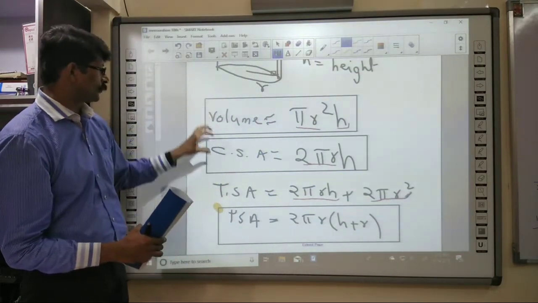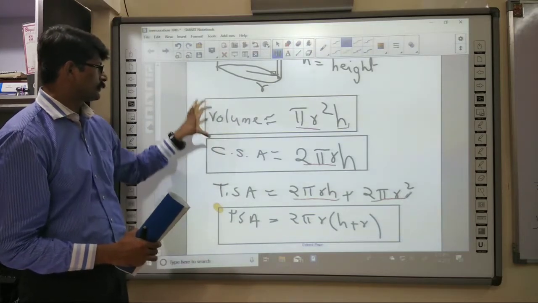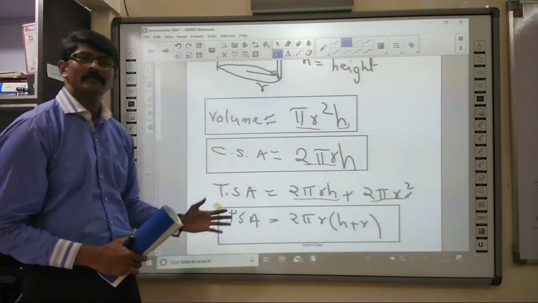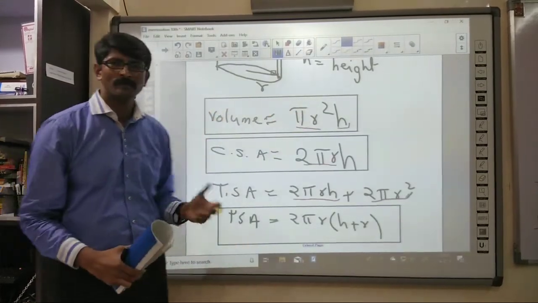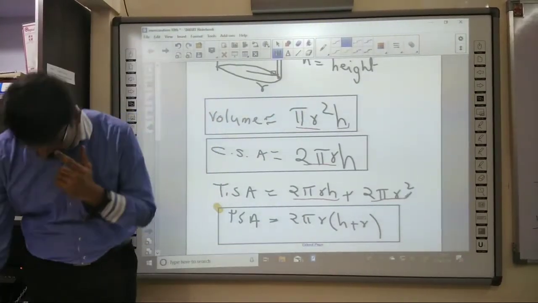So students, just put these rectangles formula. The formula which I have written in the rectangular box, in your notebook, keep ready.